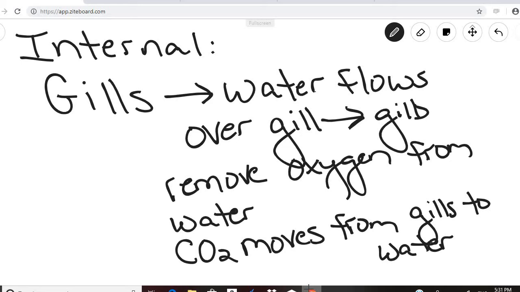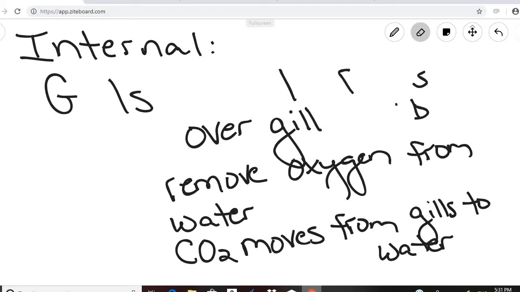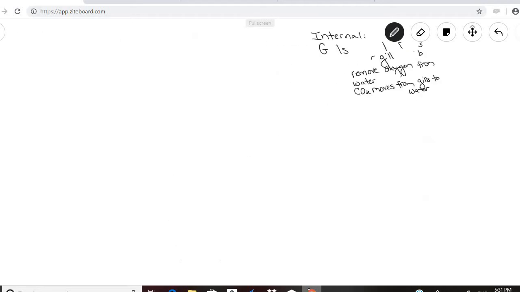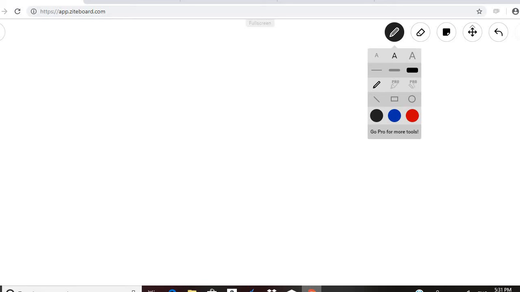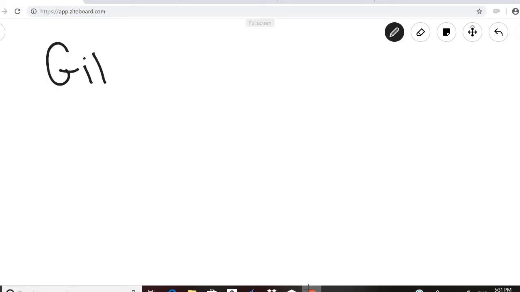One really interesting thing about the gills is that the gills are actually attached to the walking legs.